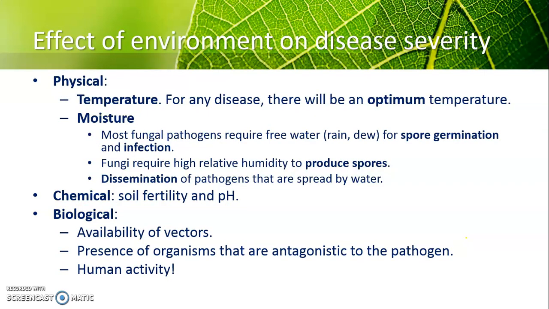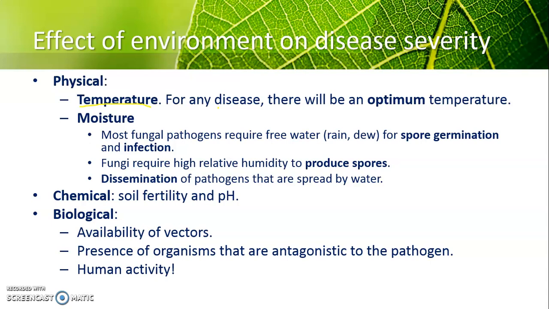So, the effect of environment on disease severity. These are the physical, chemical, and biological factors that can increase or decrease the disease severity. For example, for the physical factor of the environment, temperature. For any disease, there will be an optimum temperature because these are living organisms.